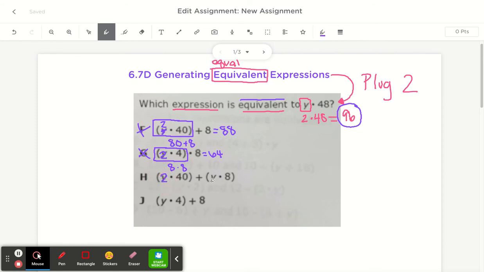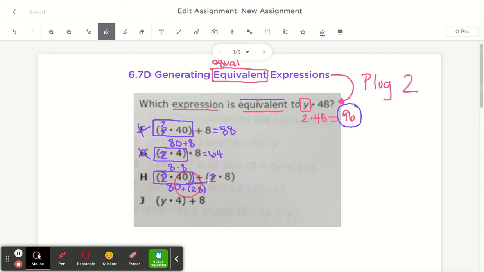Okay, so let's go to H. Let's plug in our 2. This time we have to plug in 2 2's, and that's okay. Anytime you see a variable or a letter, plug in 2. All right, 2 times 40 is 80. Guess I should have said parentheses first, right? Okay, and then we can rewrite everything else.